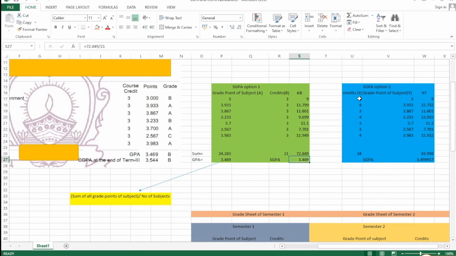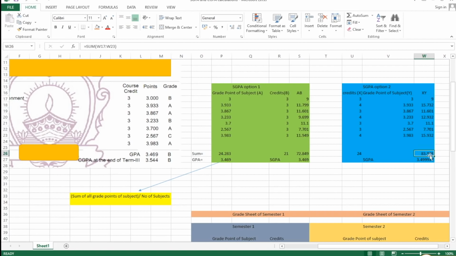Now what I have done is, I have deliberately gone in for changing the credits here. So credits become 24 with 4 credits for some subjects, but the grade points are the same. So grade points is the way which we have learnt just now in the slides. So grade points are the same, but the credits are different. So in this case, your product here in XY column is now coming out to be different, right?